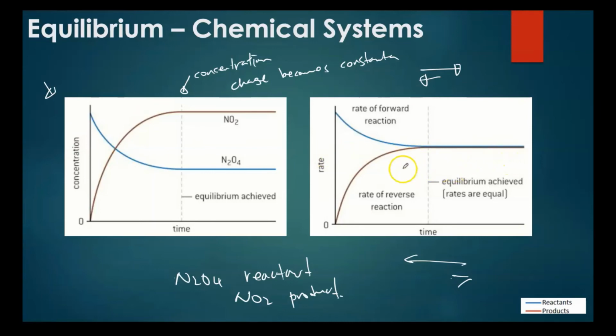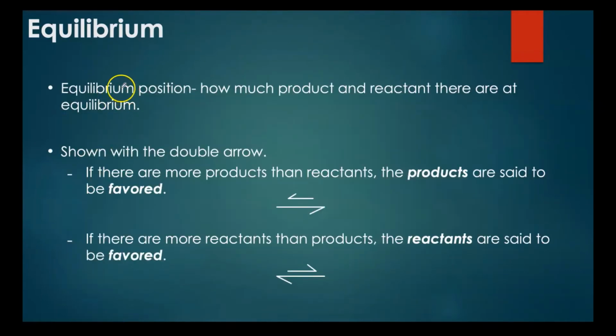Okay, these are the two ways of representing the chemical system of the equilibrium. So now we know the graph of the equilibrium. Now we need to know how to explain the equilibrium positions.